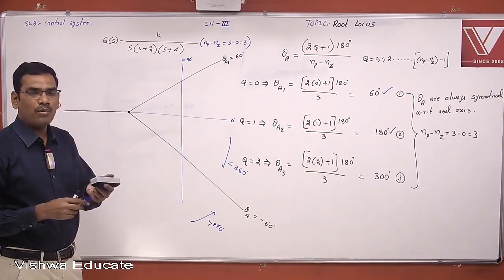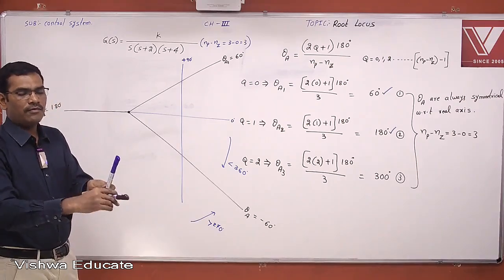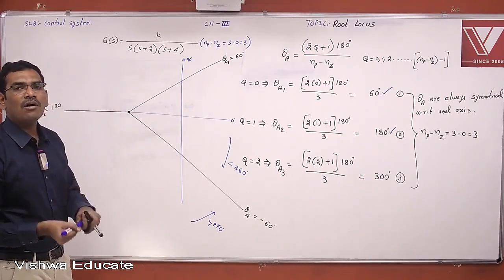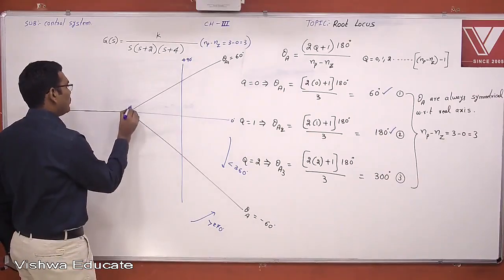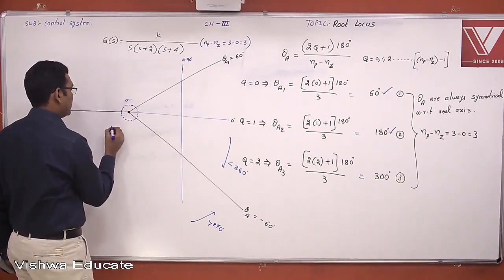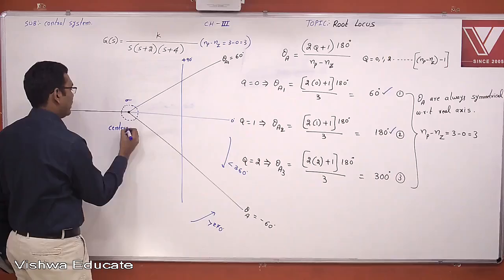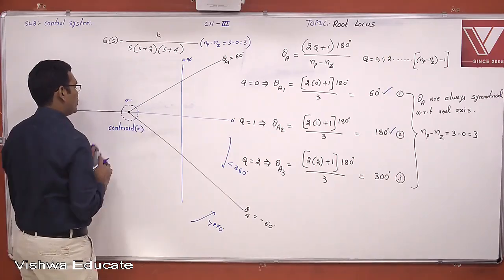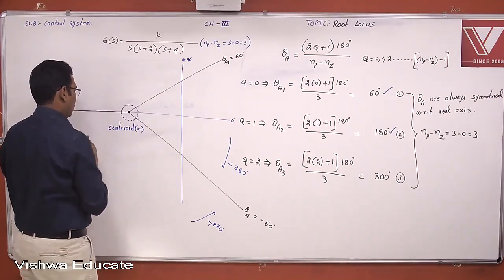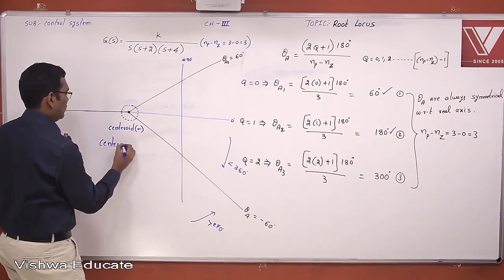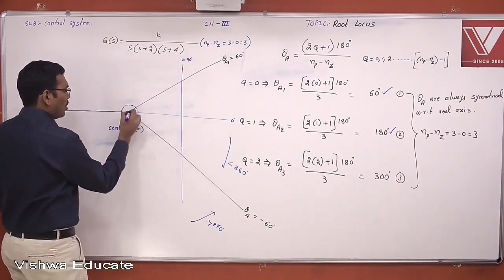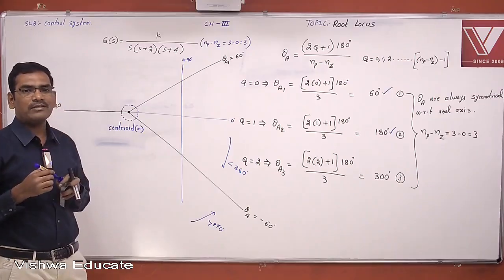The intersection point of angle of asymptotes on the real axis is called the centroid, represented by sigma.